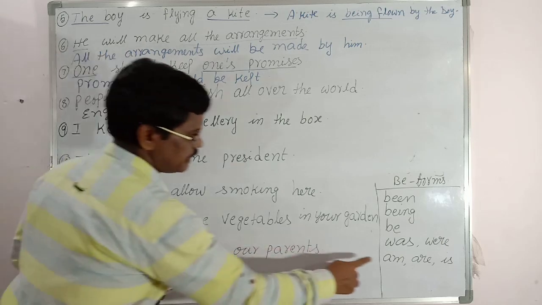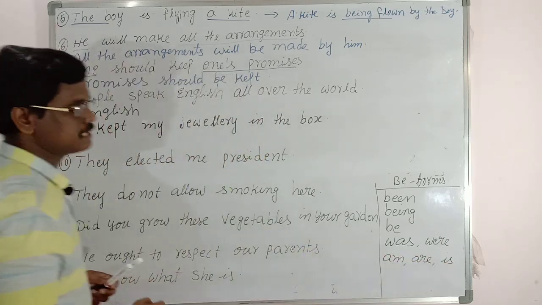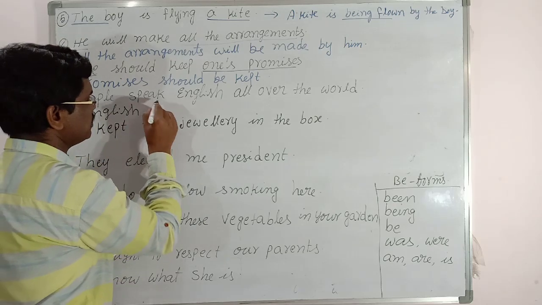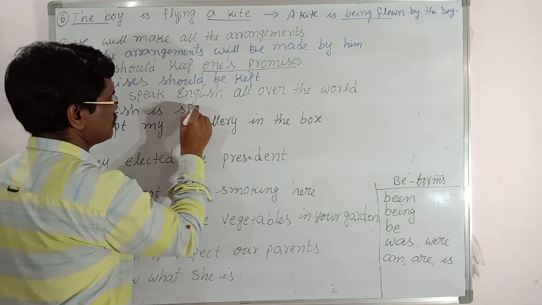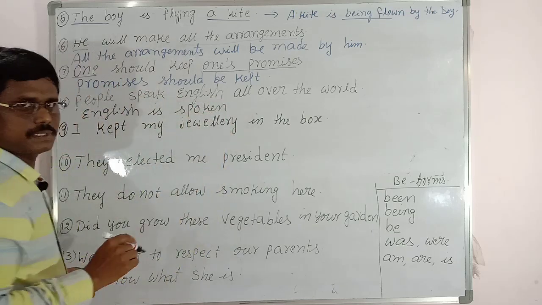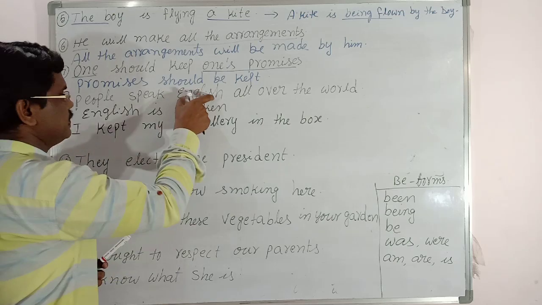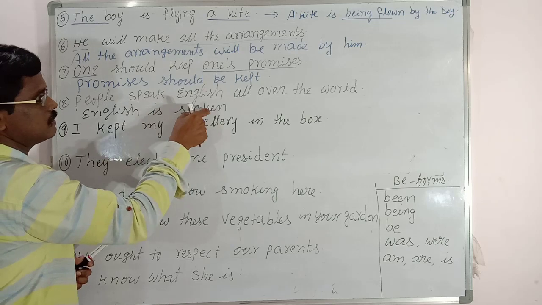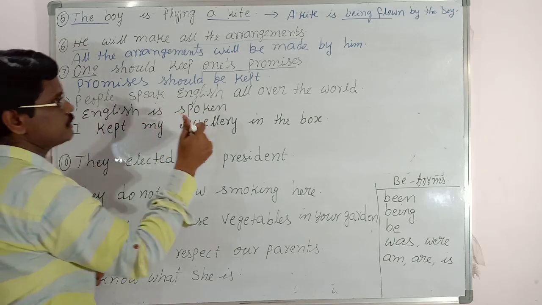Verb 1 means am or is. English is singular, so we use is. English is. Speak verb 3, that is spoken. Very, very important, friends. English verb 1, so is verb 3. English is spoken.